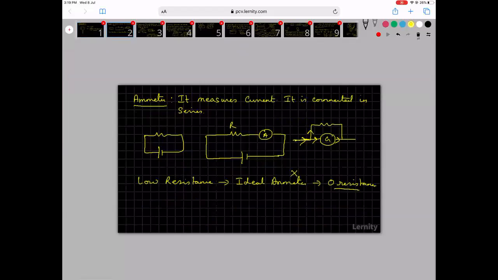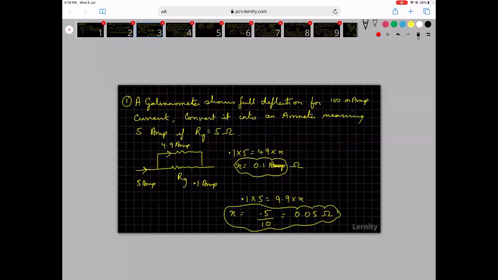Second slide, telling you what an ammeter is. It measures the current. It is connected in series. Then I told you about an ideal ammeter. An ideal ammeter has zero resistance. A galvanometer shows full scale deflection for 100 milliampere current.